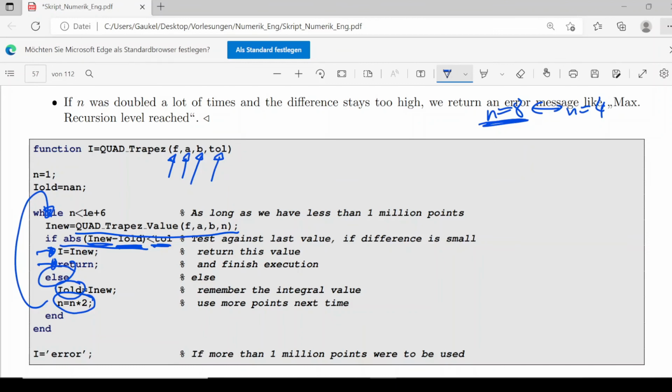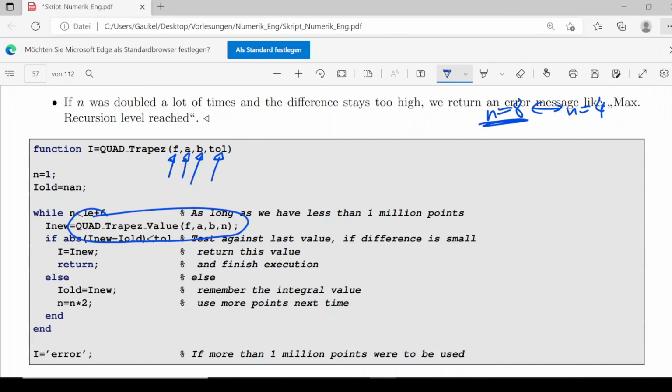And if we did not return here, then we reach that point and then we will return an error. So this is a very simple implementation, but I think you can read the code and understand the code, and that is the idea. And here is our function call. Later we will develop new ideas, and then the only thing we have to do is exchange that call to some other call. Okay, this is our implementation.